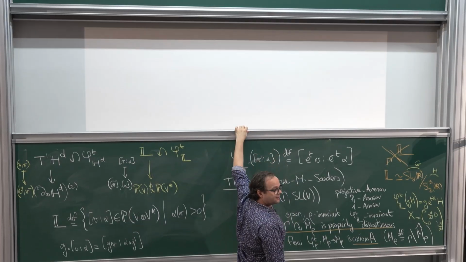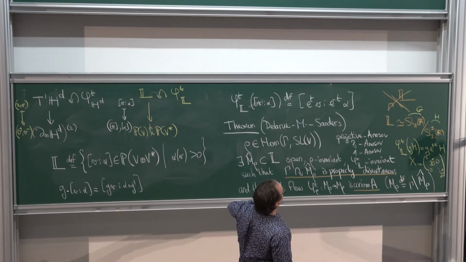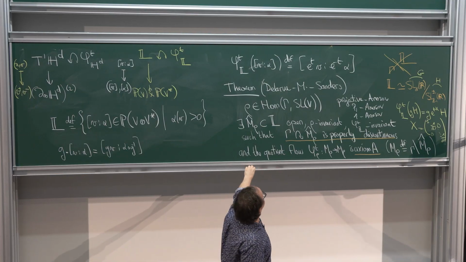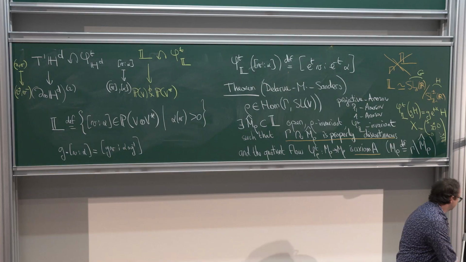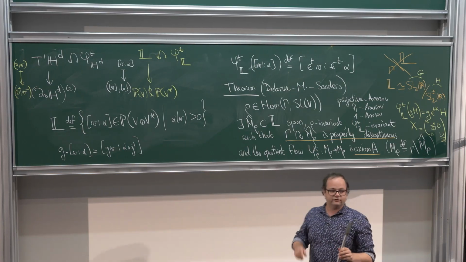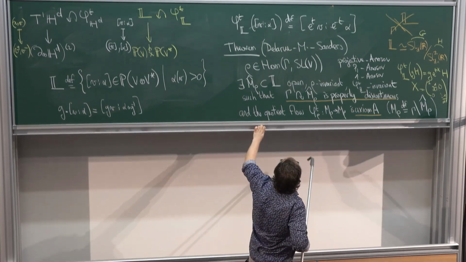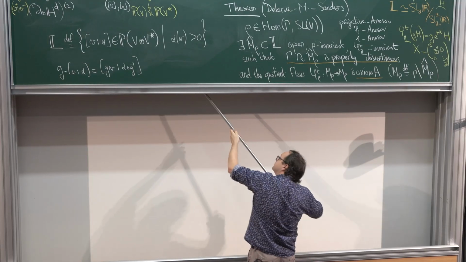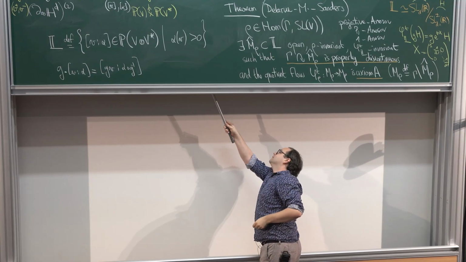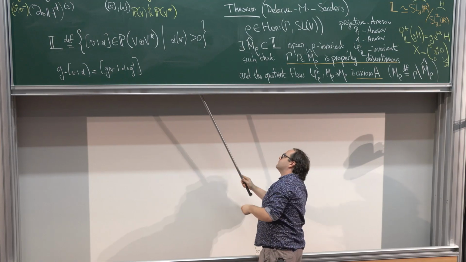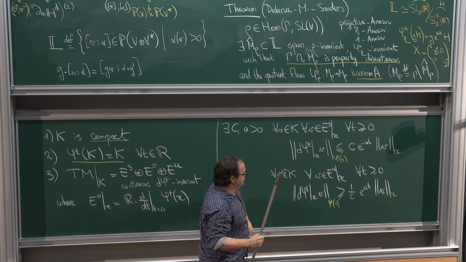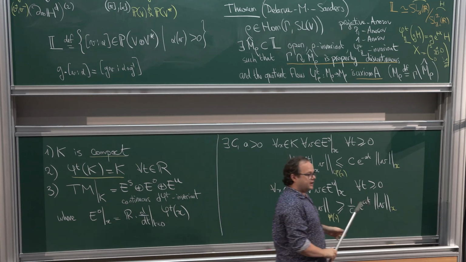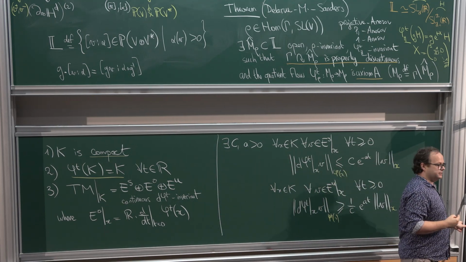Is the quotient space M rho compact? No. That's a very good remark, actually. M rho is not compact. That's why in the definition of an Axiom A flow, M does not have to be compact, but the non-wandering set has to be.